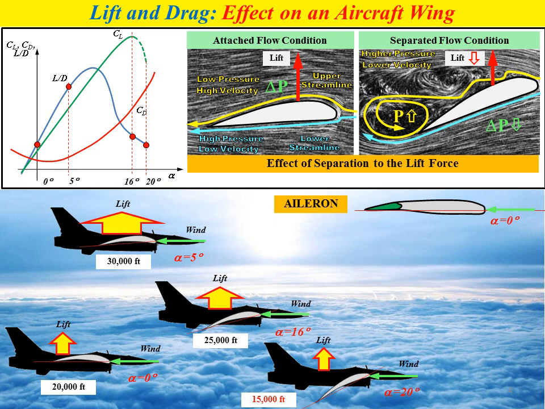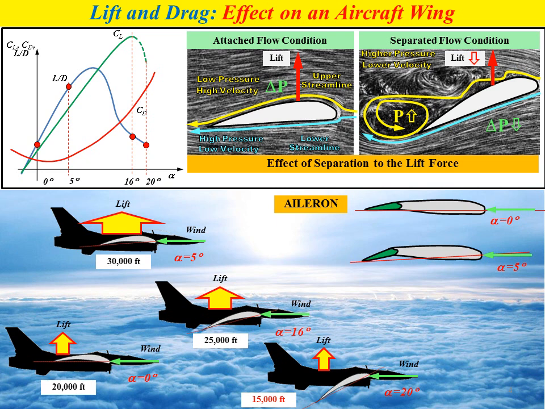By adjusting the position of the aileron, we will have a different position of chord line with a different angle of attack value. For example, we have the position of aileron that produces angle of attack equal to 0.